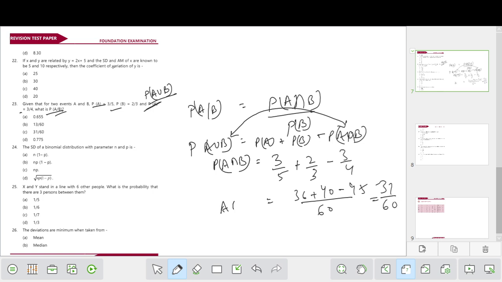But this is A intersection B. Now we'll calculate the probability here. 31 by 60 into, so 2 by 3 is probability of B, we'll reverse it, 3 by 2. So that is 31 by 40. If you solve it, you will get 0.775. D is the correct answer.